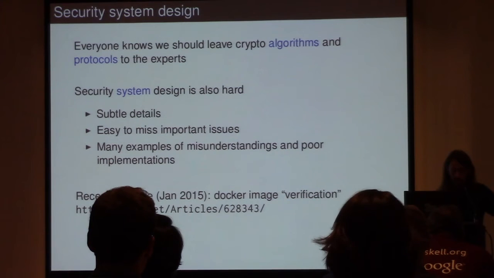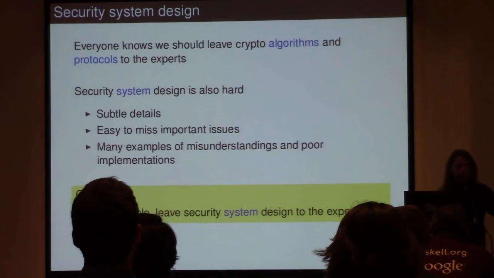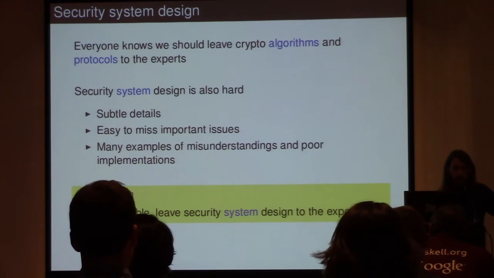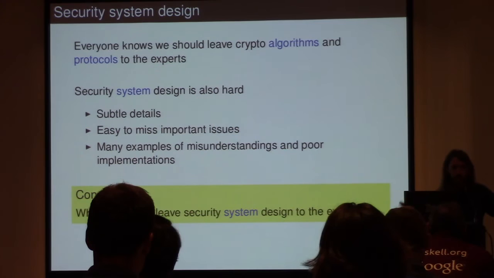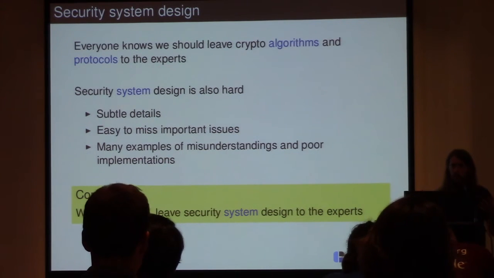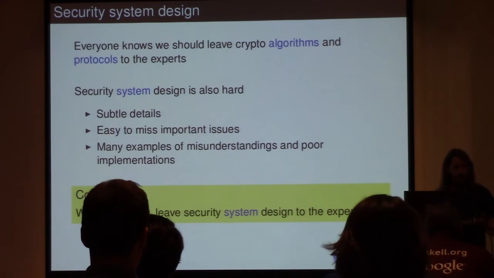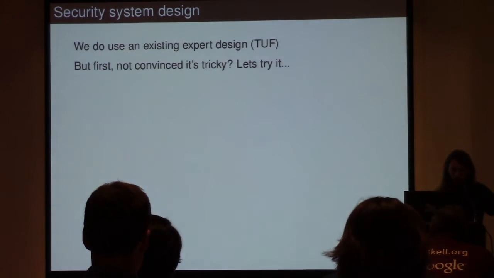Incidentally, they're now using Tough, which is what I'm about to talk about. So the conclusion is that, yes, leave crypto algorithms and protocols to the experts, but also, if possible, leave the architecture of a security system to experts. If there's a system that you can copy or use, do it. So that's what we have been doing.